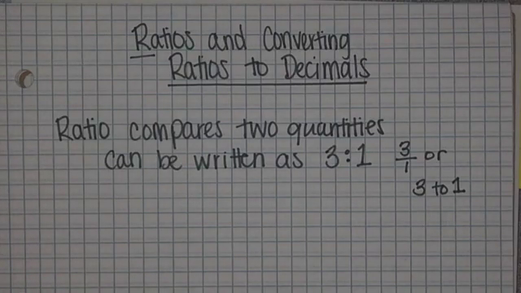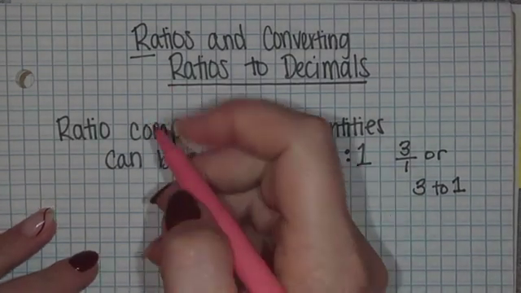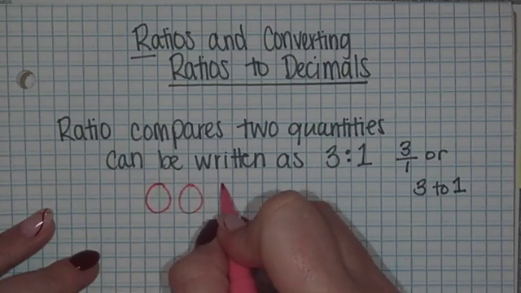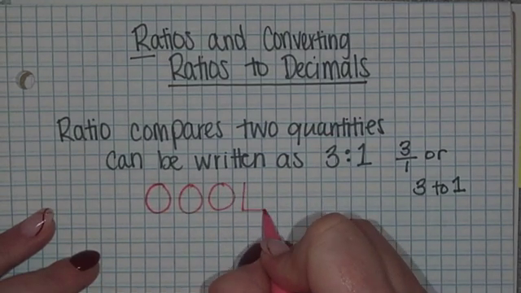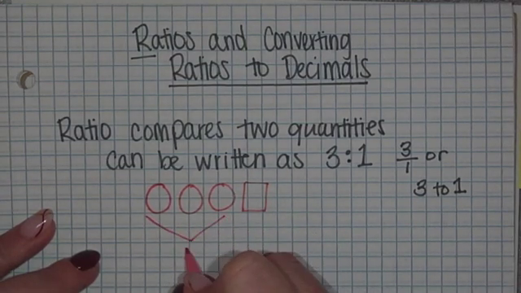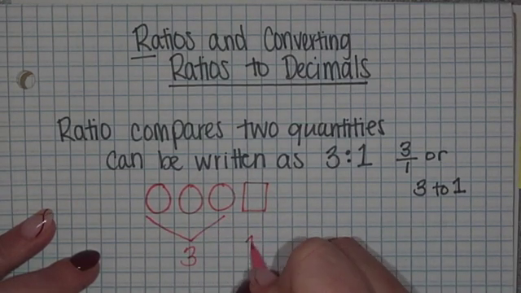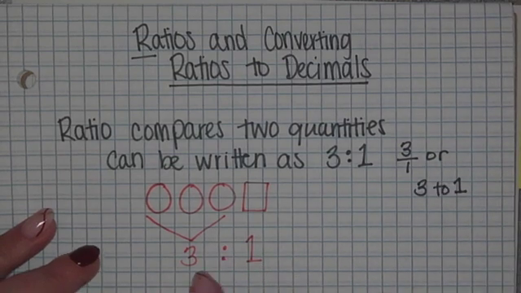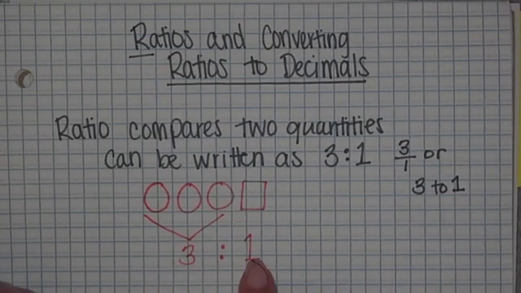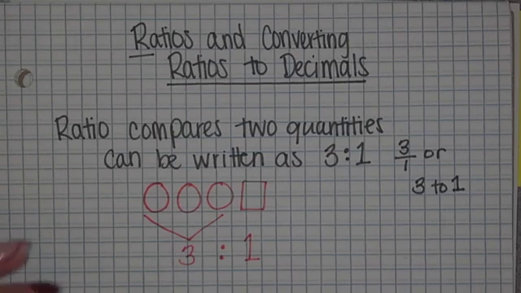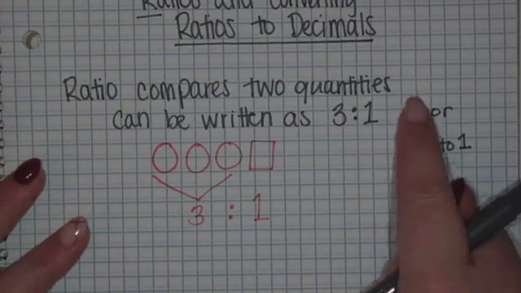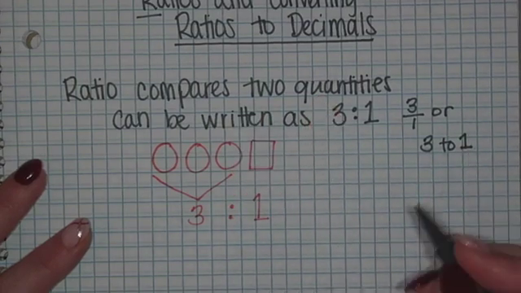That would be representing, like, if I had 3 circles and 1 square, then 3 to 1 would be our ratio. So our ratio is 3 to 1. We have 3 of something to 1 of another. Okay. Again, so you can see that fractions can be ratios.